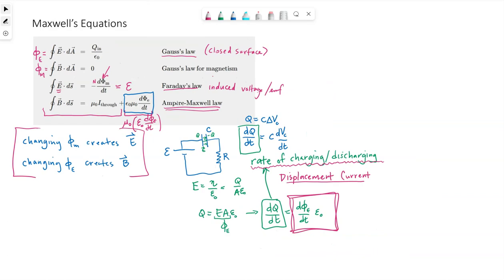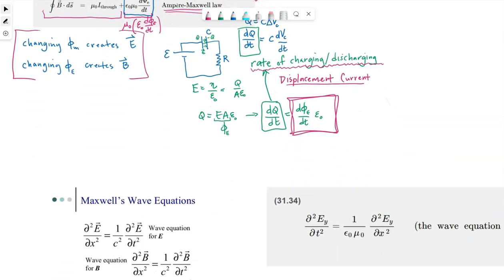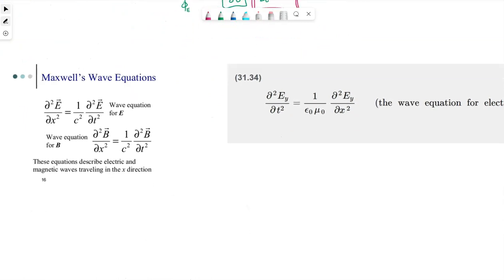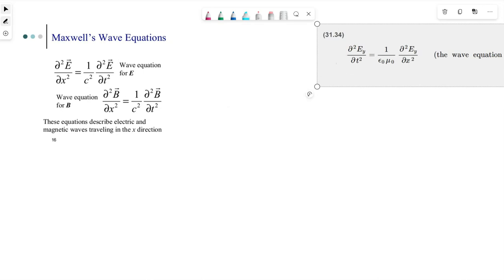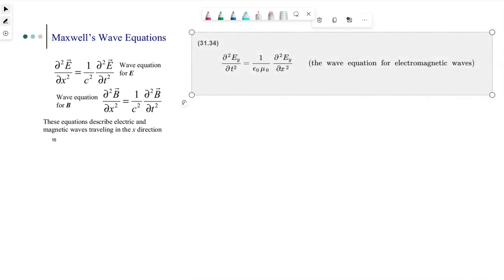These equations are called Maxwell's equations because he learned and noticed that if these equations were written in differential form, in terms of derivatives, so these deltas in here represent partial derivatives. We talked briefly about those when we talked about finding the electric field from an electric potential.